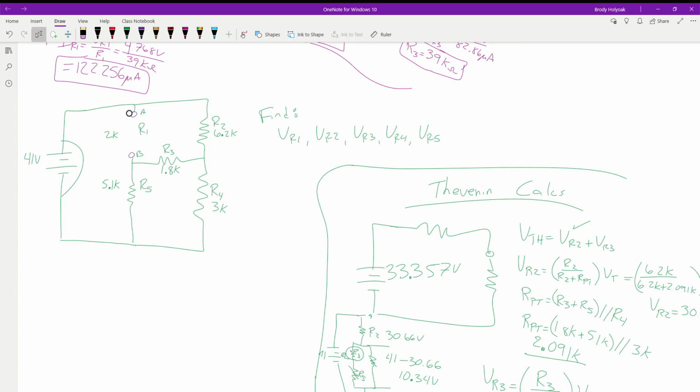So we're going to start with point A. Point A is connected up to what? We got R2. We got R4. And what else is it connected to? R5.